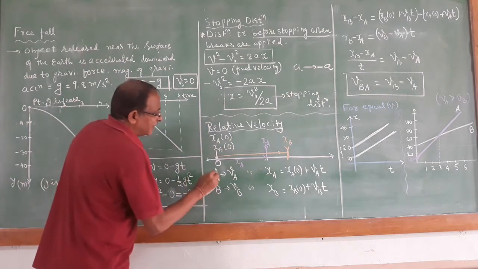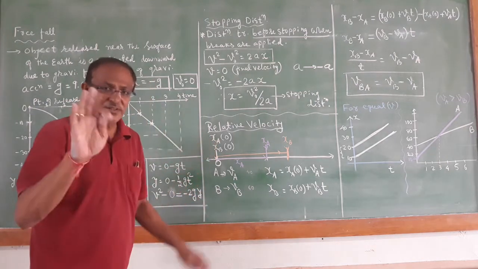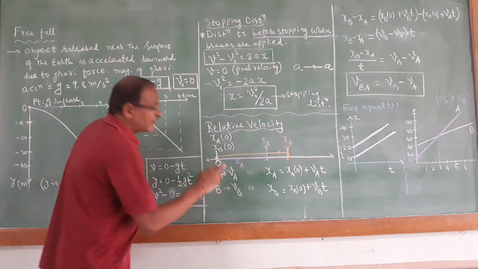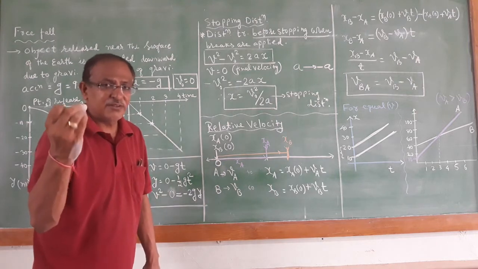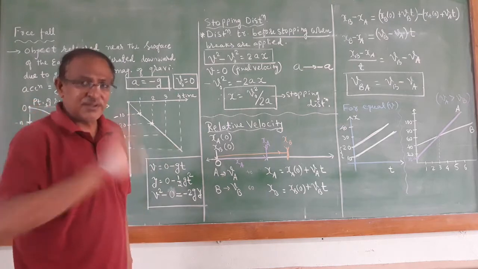Say, for example, A and B are two objects, both in the same position initially. A is moving with constant velocity VA and B is moving with constant velocity VB.